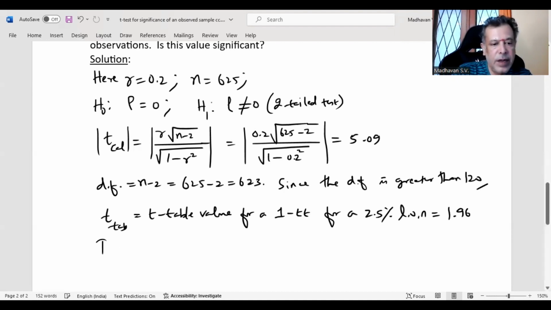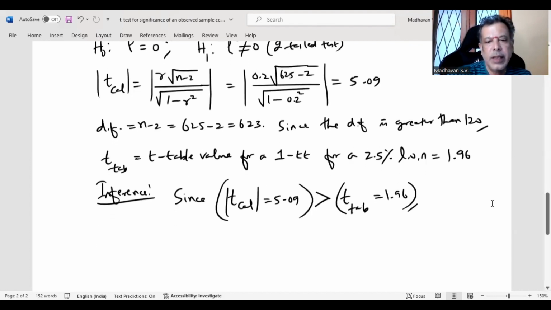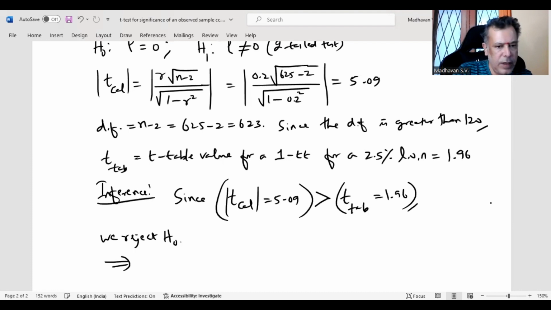So we can infer that since the modulus of t calculated, 5.09, is much larger than t-tab, 1.96, we reject H naught, which means we accept H1.